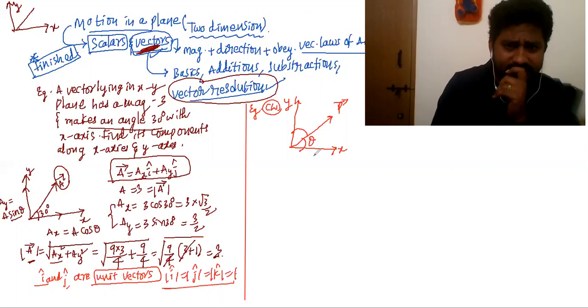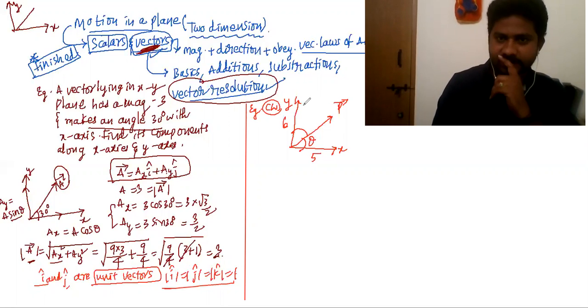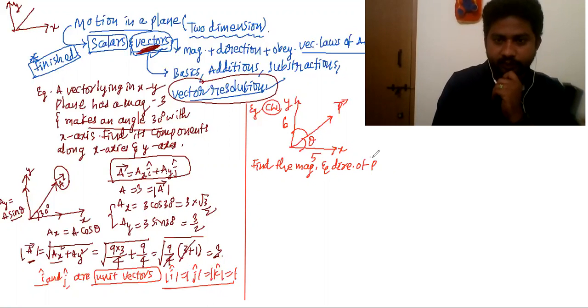Now they have given this component as 5 and this component as 6, right? The question is to find the magnitude and direction of p bar. You know how to find the magnitude.